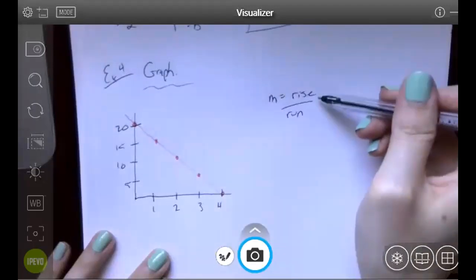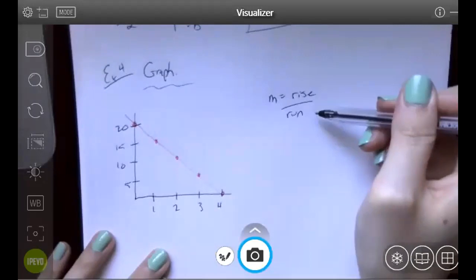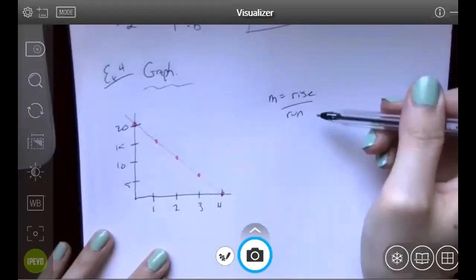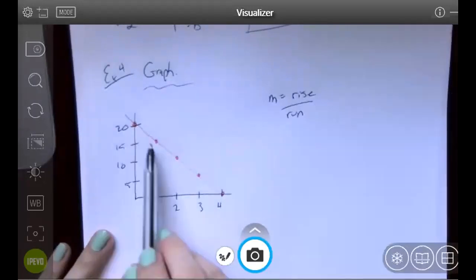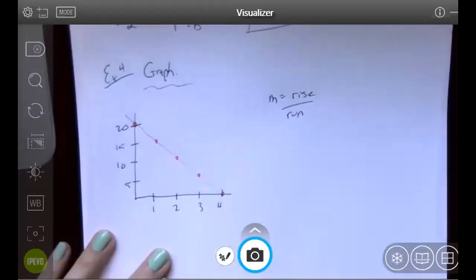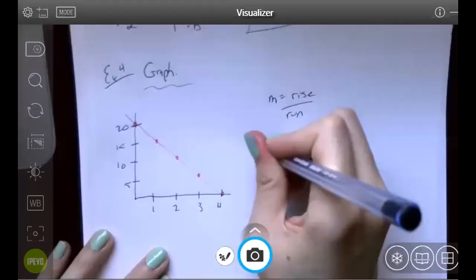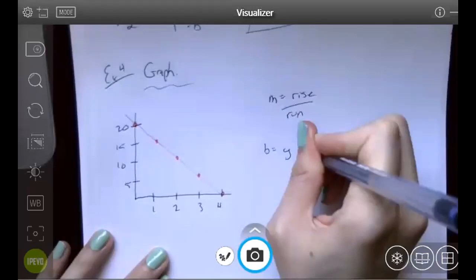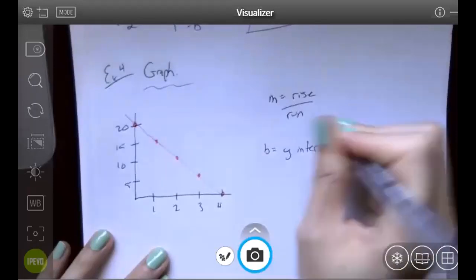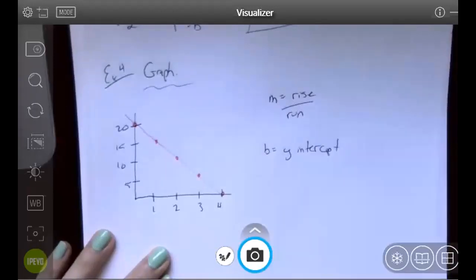The run is how far we go from left to right. You always read a line the same way you would read a sentence, starting from the left, going towards the right. And then our b value is just the y-intercept, which is where our line hits the y-axis.